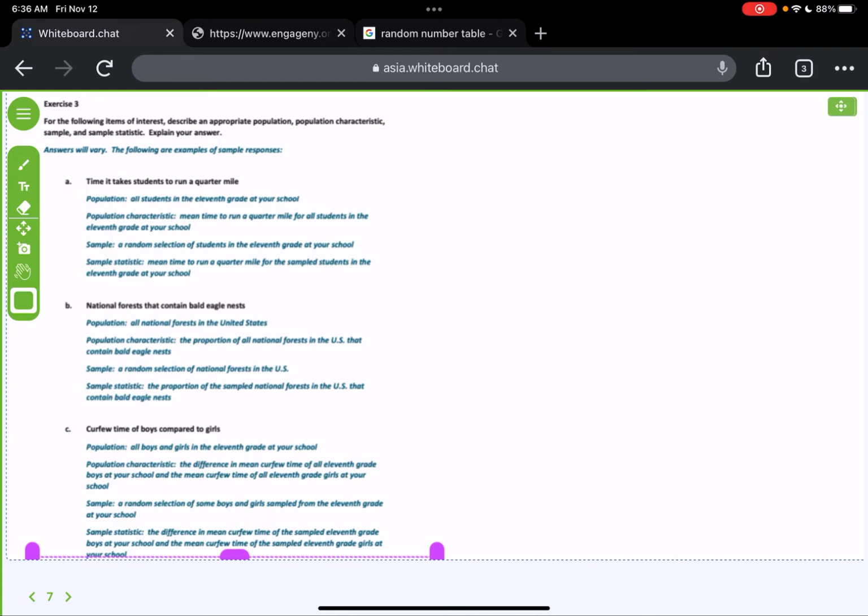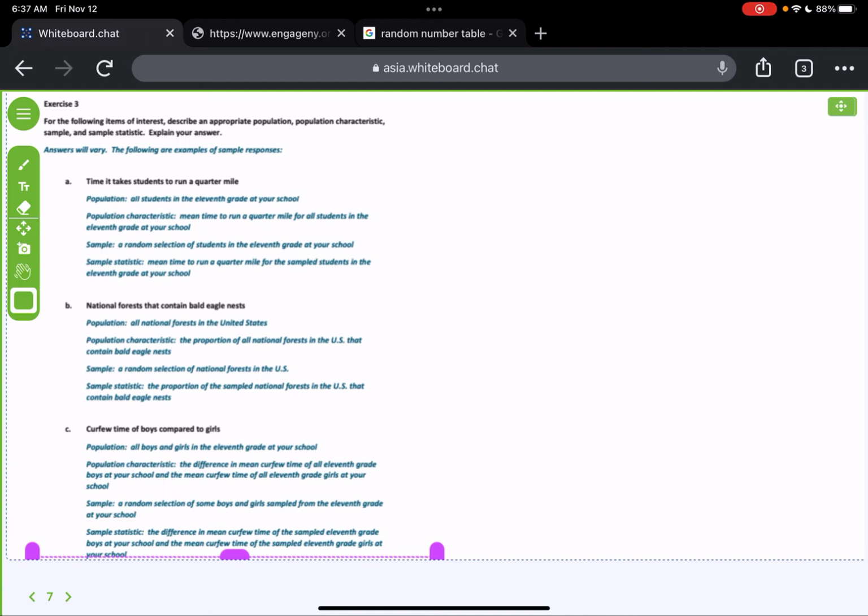Now, if you only take a random selection of boys and a random selection of girls, then you would just have the difference of the means in a sample of them. So it would be a sample statistic.